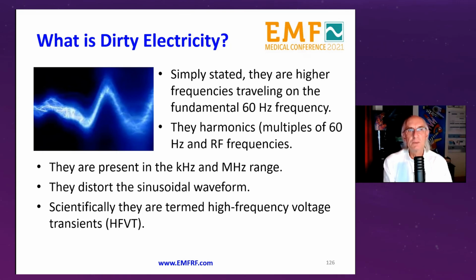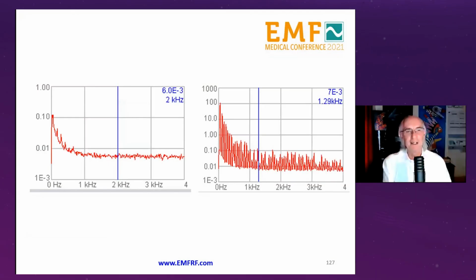We can measure it with oscilloscopes, and what will happen with these higher waveforms is that the sinusoidal waveform gets distorted, with other signals riding on top of it. Dirty electricity is currently a big topic in the arena of EMF. It's not easy to identify and rectify.